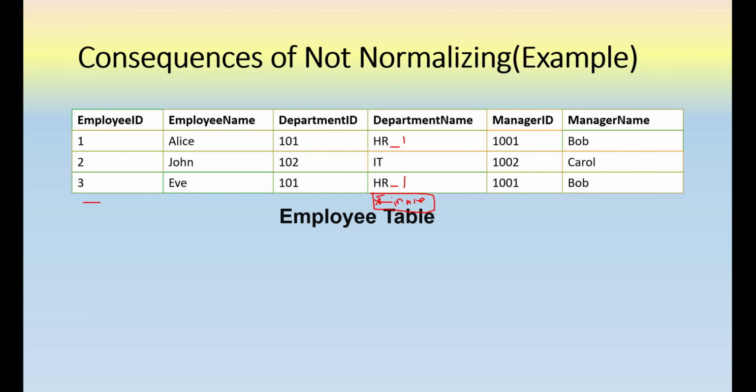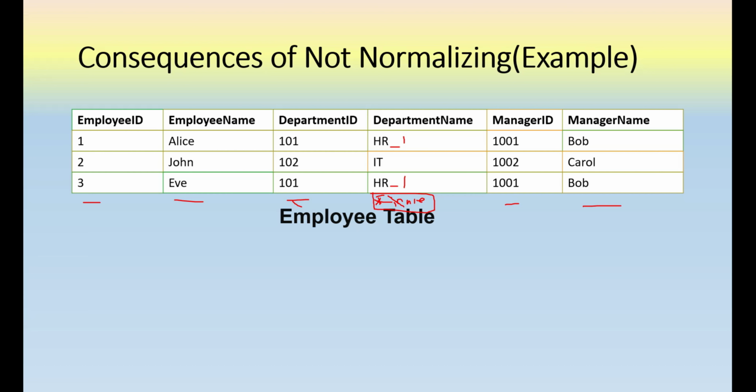Then you might end up inserting null or blank values here. These will be blank, only the department would be filled in, and the manager also might not be there, so even that can be blank. That's where the anomaly in insertion arises, leading to another inconsistency of data.